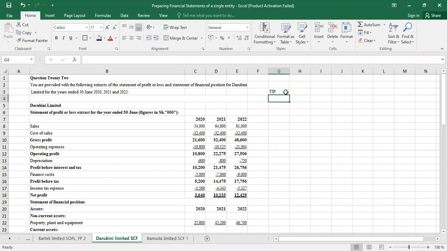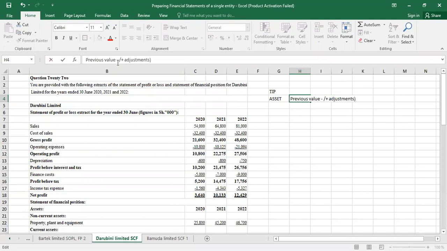So the tip, if it's an asset, the formula in the adjustment will be the previous value minus stroke plus adjustments. So these ones will be in brackets. This one is a tip, very important.